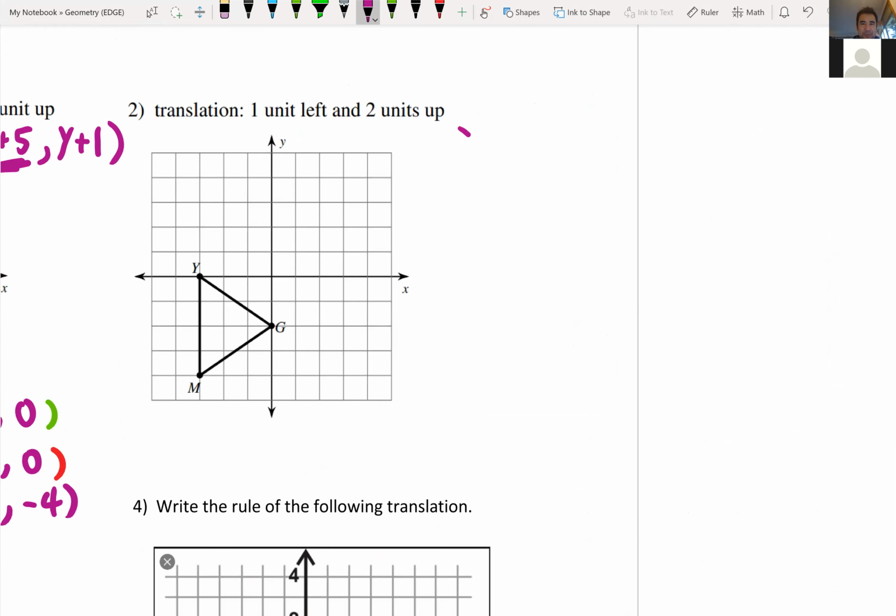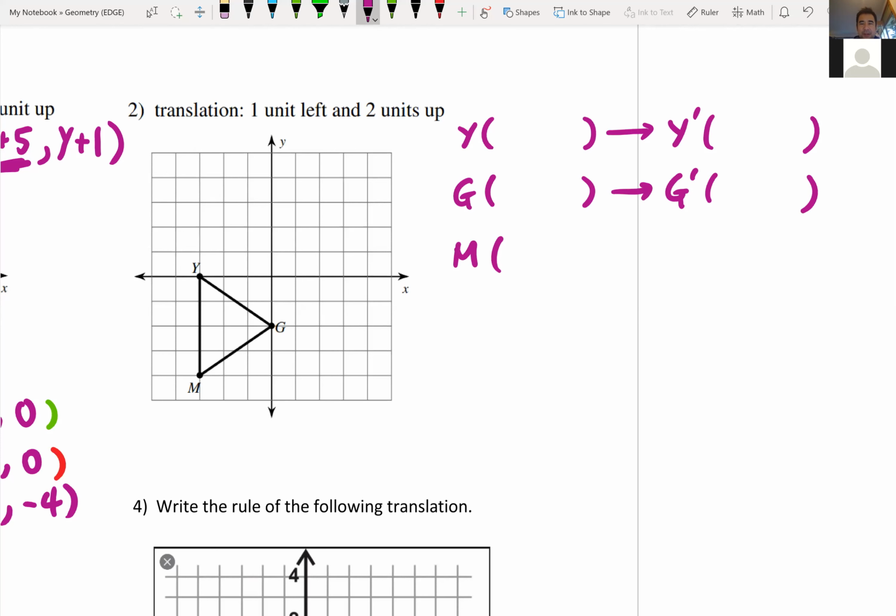Let's do y prime, g prime, and then m prime. So I want you to fill them in. Okay, 2 minutes.